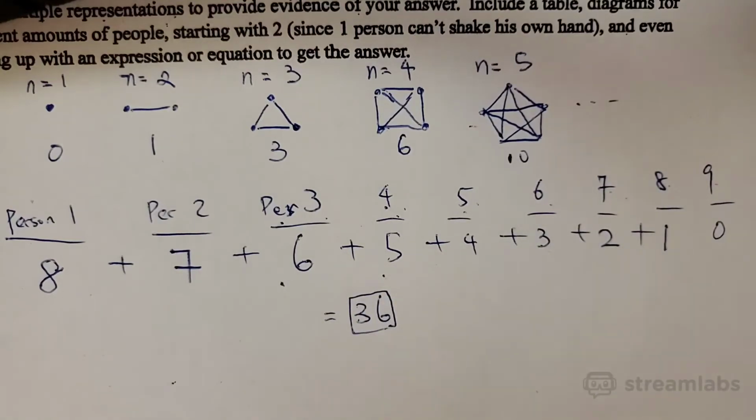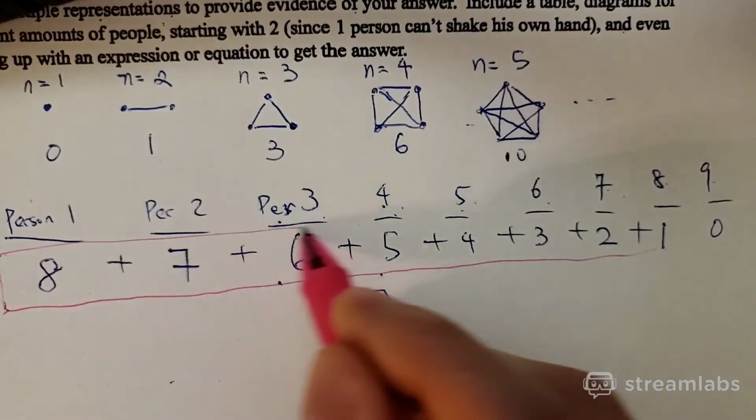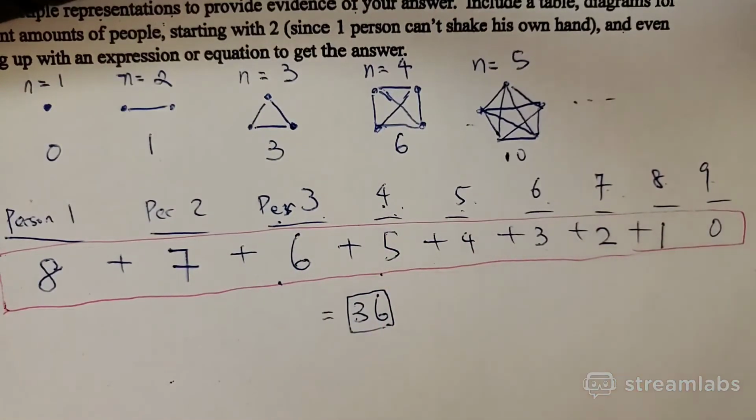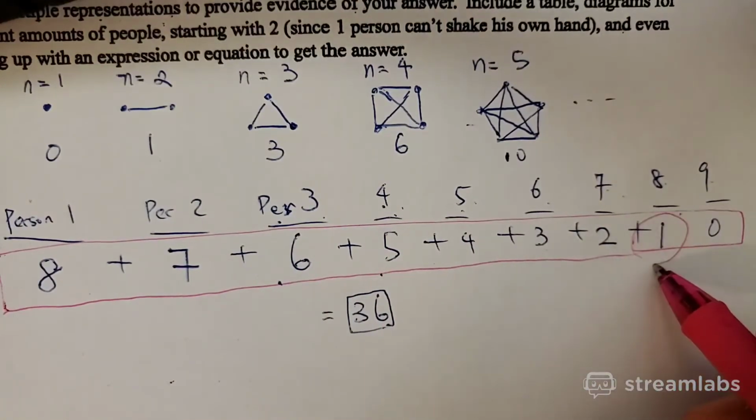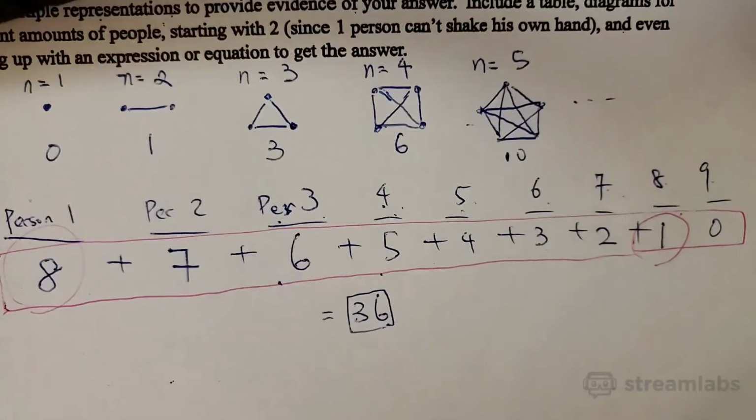But wait, doesn't this feel like a thing that we've done? Remember when we talked about this triangular number thing? Start with 1, 8 people.